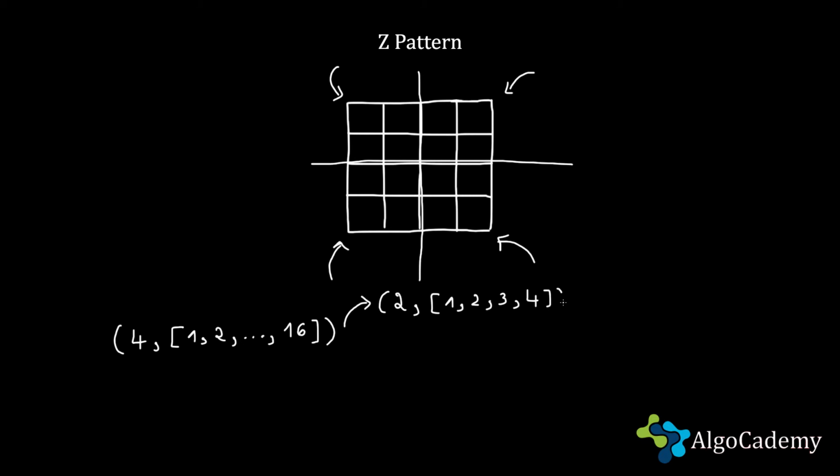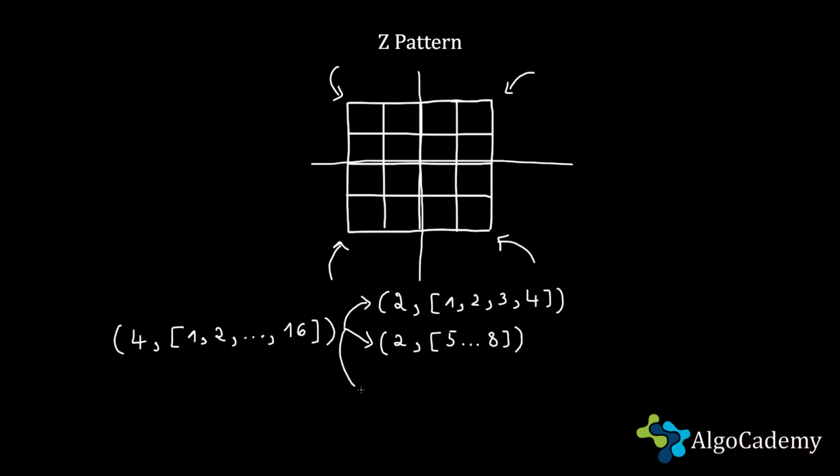Then, the second subproblem is the second quadrant, also of length 2, which needs to be filled with the values 5 all the way to 8.